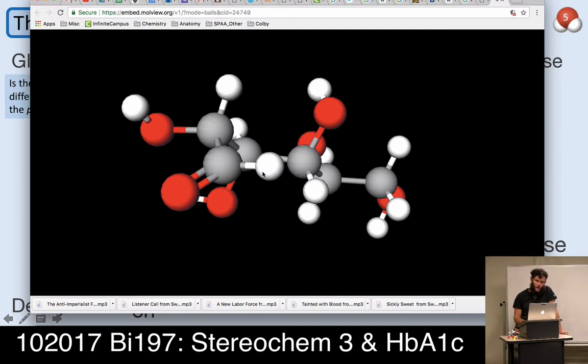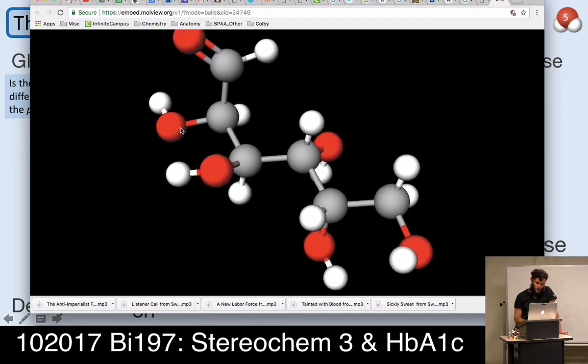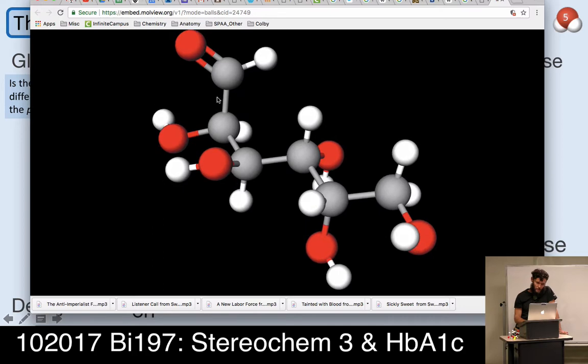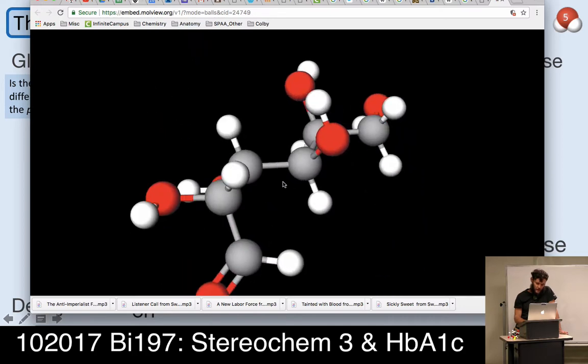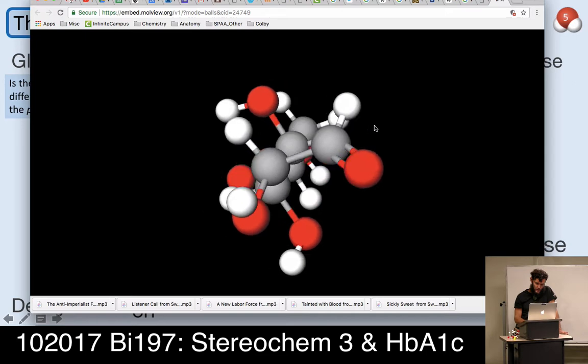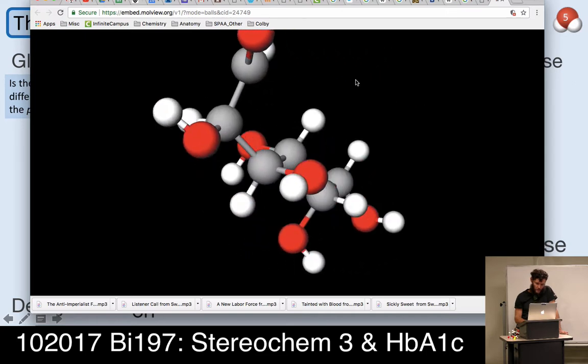And so because of that, there is no chirality. You could take the mirror image of this carbon and superimpose it on itself. So this carbon looks the same from this side as it does from this side.